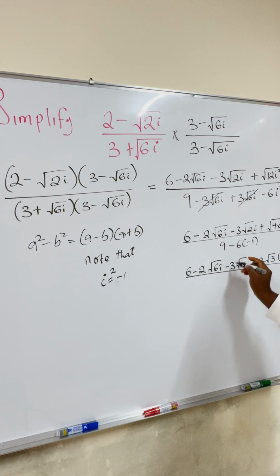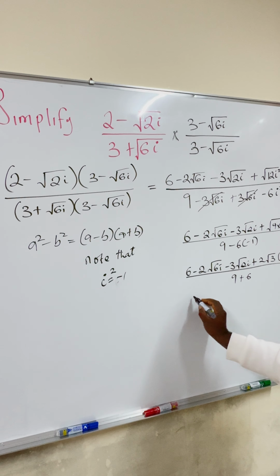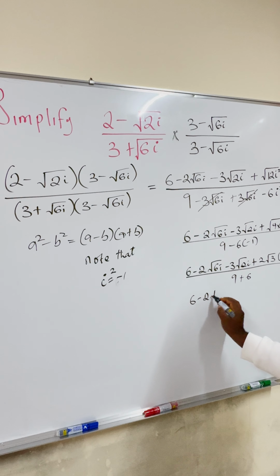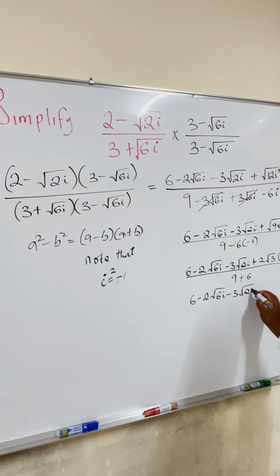Out of, we have 9, and negative 6 multiplied by negative 1 is going to give you plus 6. Right? So here we now have 6 minus 2 square root of 6i minus 3 square root of 2i.